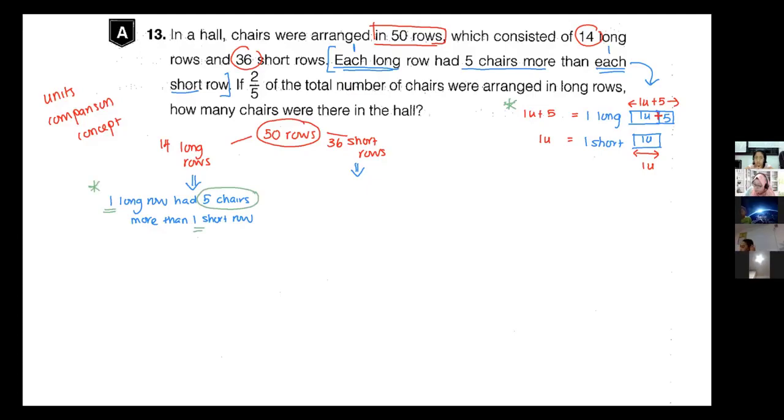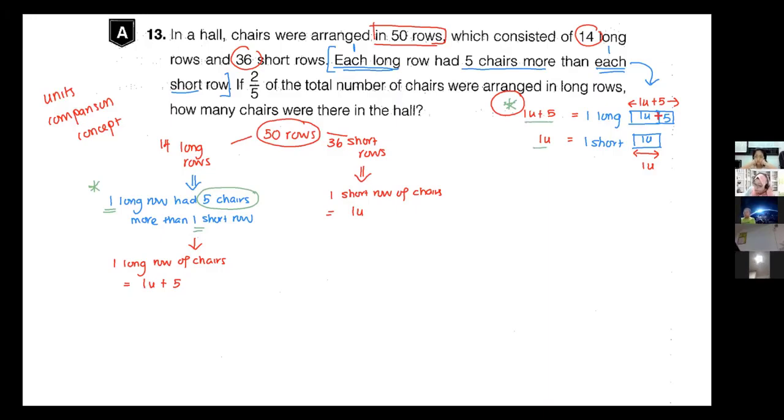So I can actually say that one long row of chairs is 1 unit plus 5. However, one short row of chairs is 1 unit. Okay, where do I get all this information? Here. This is where I get all the information. The 1 unit plus 5 and 1 unit. This is where I get my information.